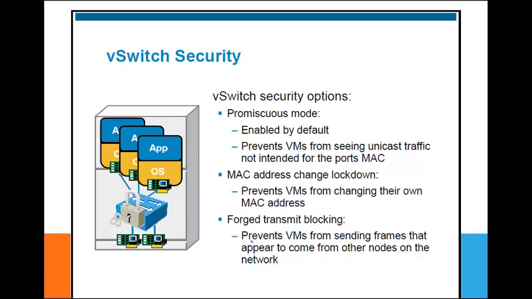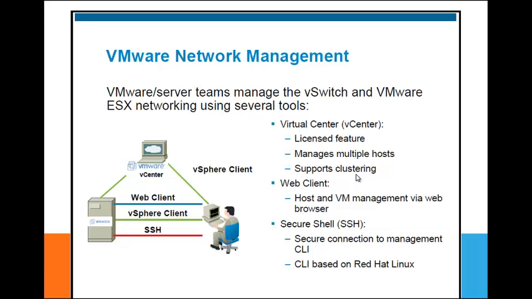It ensures that VMs are not able to send frames that appear to come from other network nodes. So we have 3 different types of security options: promiscuous mode, MAC address change lockdown, and forged transmit blocking.